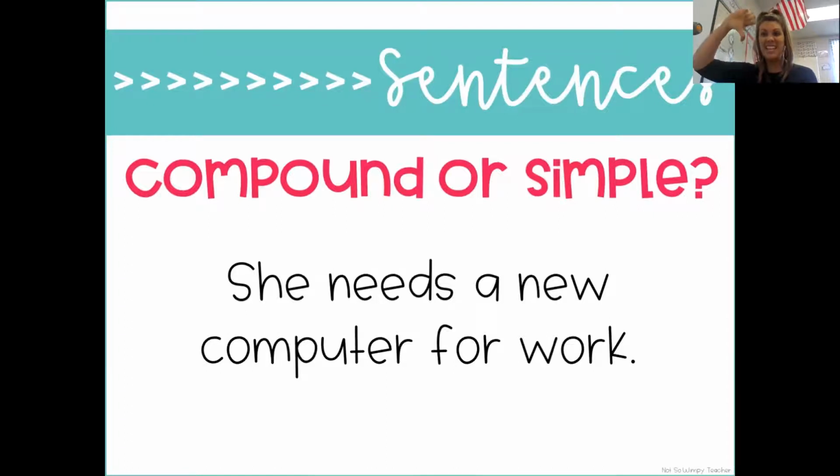That is a simple sentence. And how do we know that it's a simple sentence? Well, it has one subject, she, right? And one predicate, needs a new computer for work. It also does not have a conjunction or a comma.